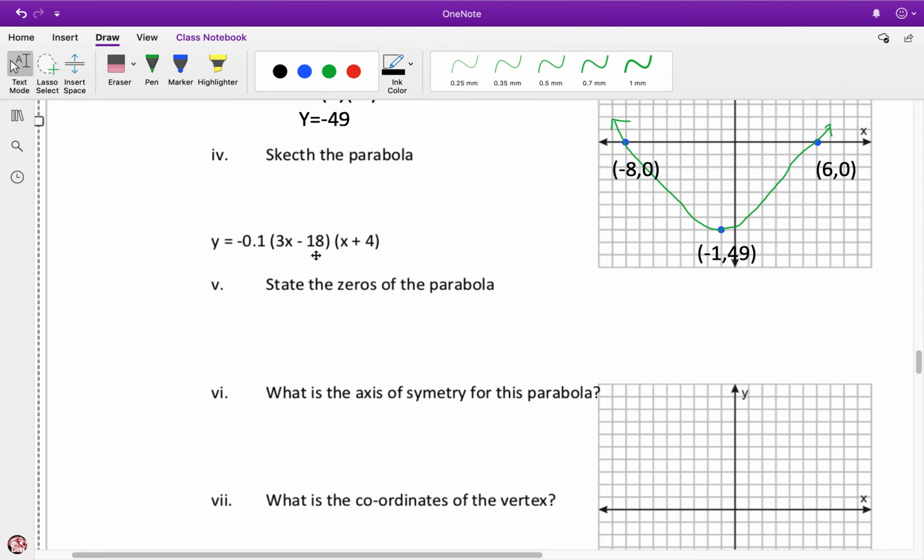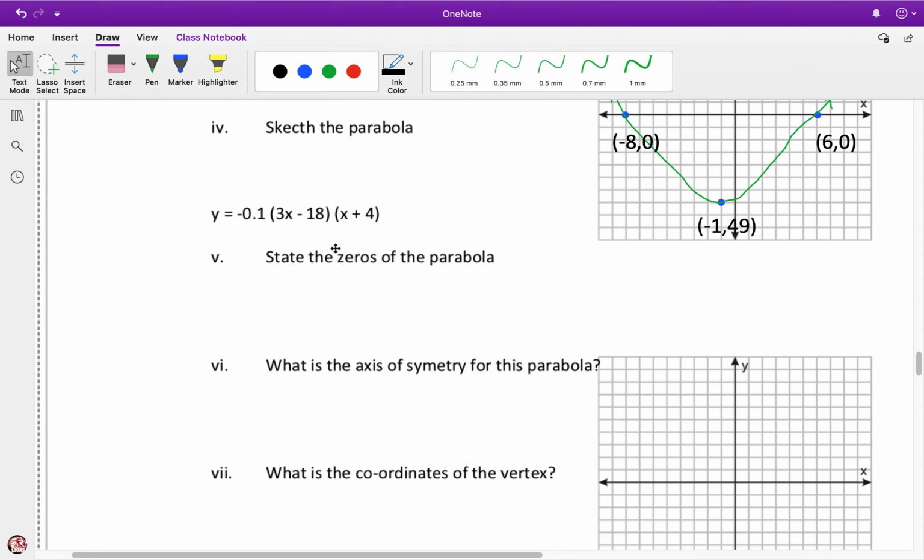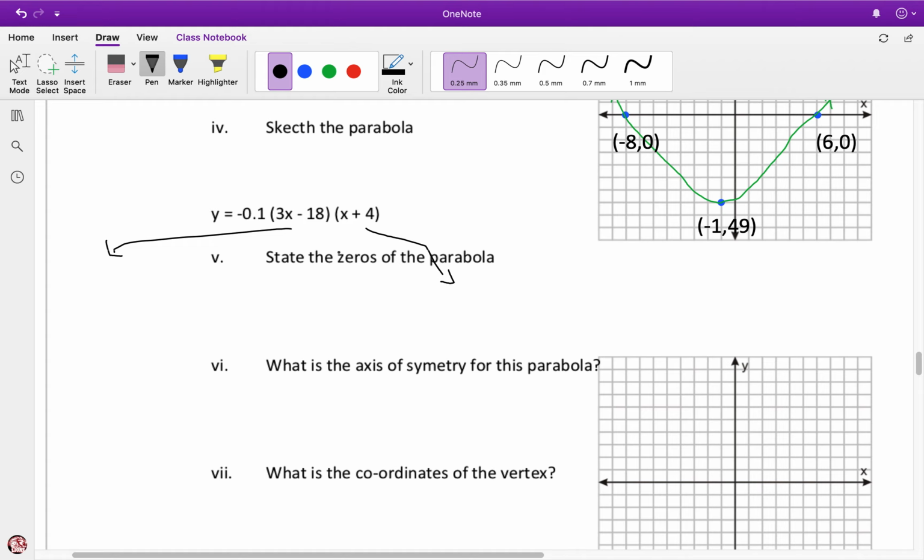Alright, so next one. Once again, we have a with the zeros. So we split this off this way, split this off this way, and we go from there. So this one here, we have 3x minus 18 equals 0. So I do some rearranging. I'm going to leave the 3x over here, move the 18 over so it becomes positive.